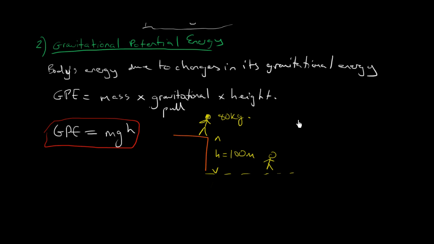So the gravitational potential energy that he has up here compared with here, it's always a relative thing of comparison between two heights, would be equal to his mass times his gravitational pull, which is always 9.8, times the height difference. The height difference is 100 meters.